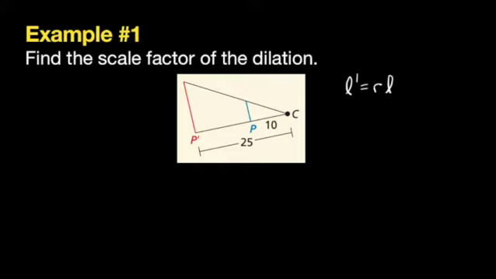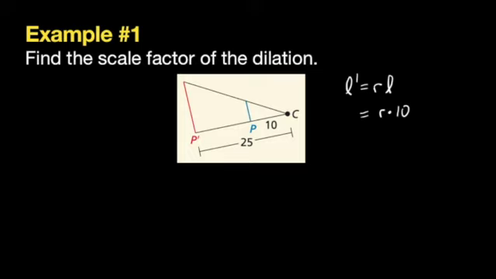So that's going to be in the portion where L is. So we have 10 right there. We're looking for the ratio, so that's the information that we don't have. The last piece of information that we have is the distance between our center of dilation, which is C, and P prime. So that distance is going to be 25. So that's going to be our new length.